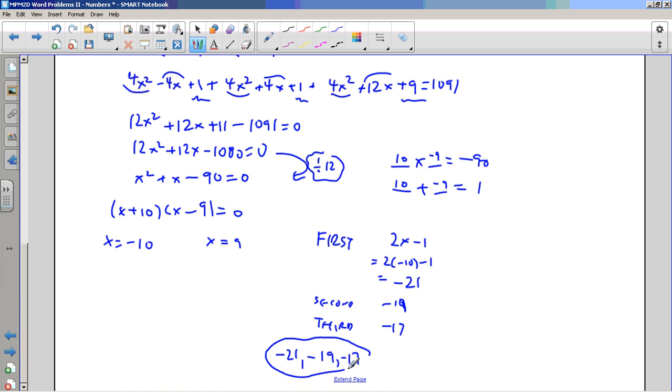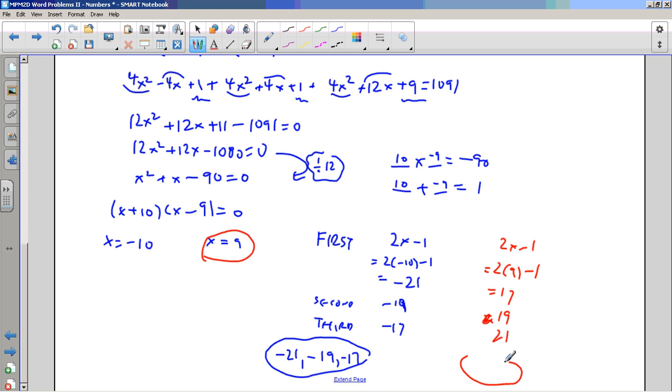So those ones work. Also, I'll change color just so we know it's a different set of solutions. If I had x equals 9 here, 18 minus 1 is 17, and then the second one is 2 higher than that, which is 19, and 2 higher than that is 21.